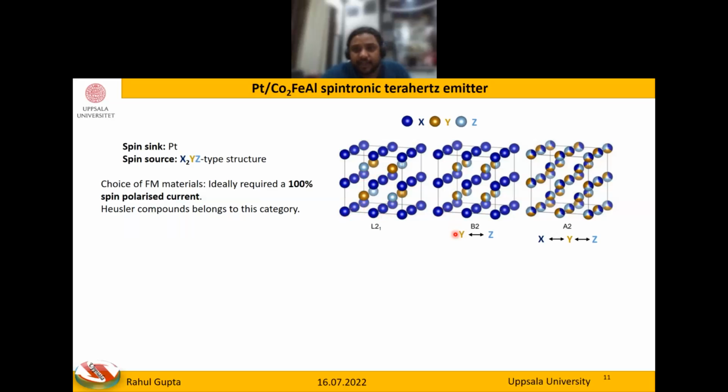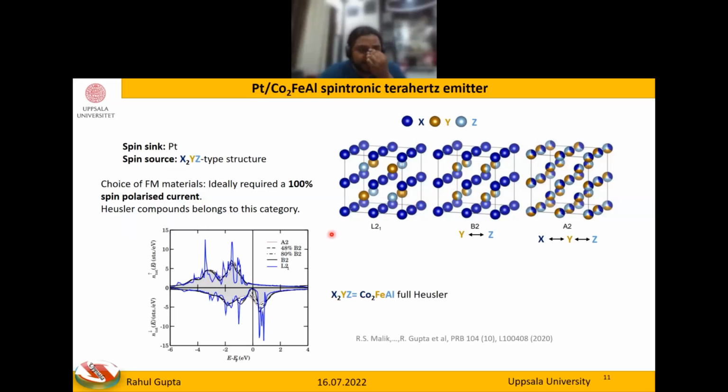If the Y and Z atoms are intermixed, that is called partially ordered, which is represented by B2. And if all these atoms are randomly mixed, that is called a perfectly disordered structure, which is represented by A2. So this is a good material in order to get the highest spin polarization.